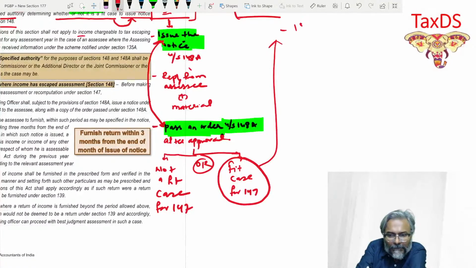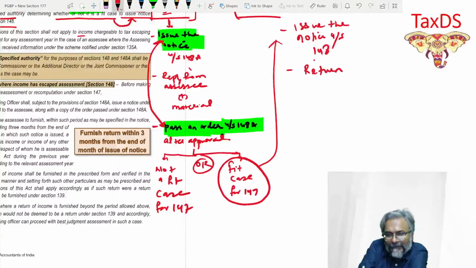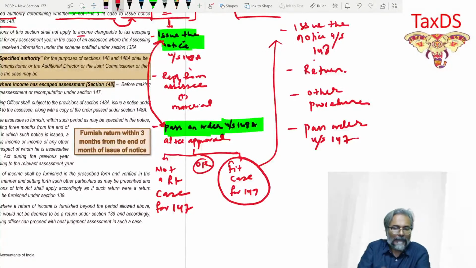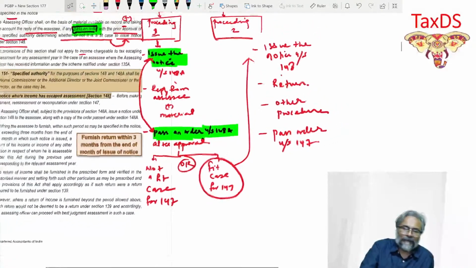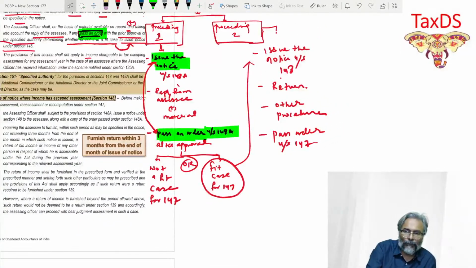Here you will start with issuing the notice under section 148. Then return would be filed. Then other procedure, and finally pass an order. And this order would be under section 147. And that is the reason why you will enter into your proceeding number 2. Can you see that?